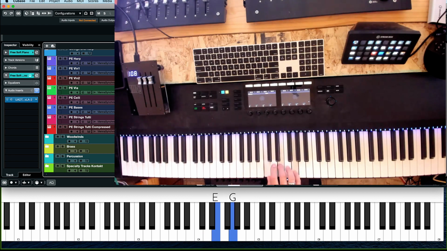For example, these 3 notes are the first, third, and fifth of the C major scale. The third defines whether you have a major or minor chord. This is also called a triad. It consists of 3 notes.